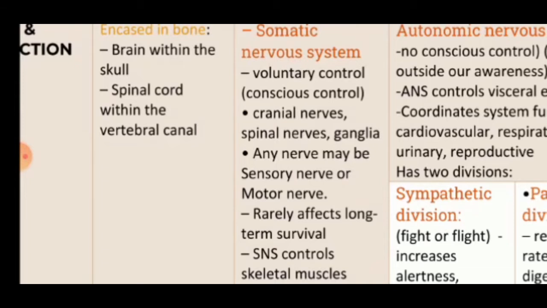Actually, what is the difference between a sensory and a motor nerve? Sensory nerve is the nerve that carries nerve impulses from any organ to the central nervous system, while the motor nerve carries the impulse in the opposite direction, from the central nervous system to any organ.